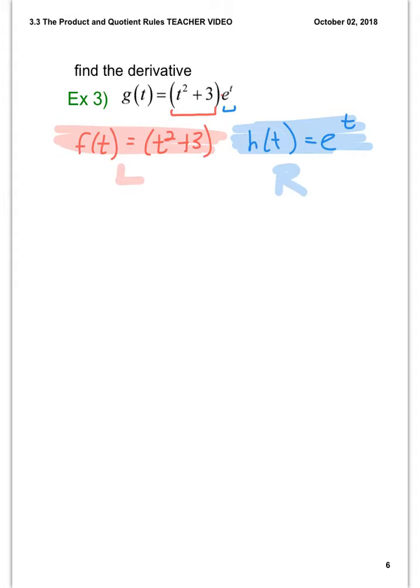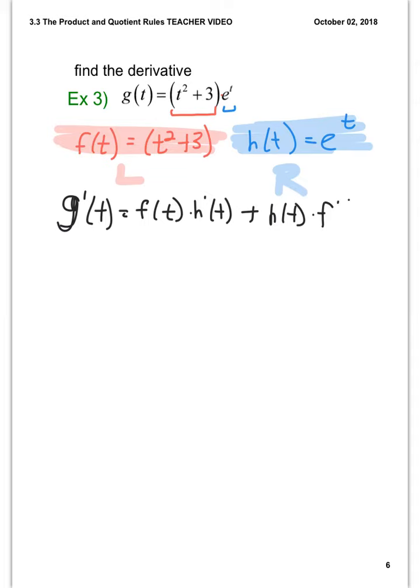So to apply our product rule, we know that the derivative, I'm going to use proper notation here, the derivative of our function g, so g prime of t, will be defined by the left function, which is f of t, times the derivative of the right-hand side, which would be the derivative of h of t, and we would add the right-hand function, which is h of t, times the derivative of the first function.